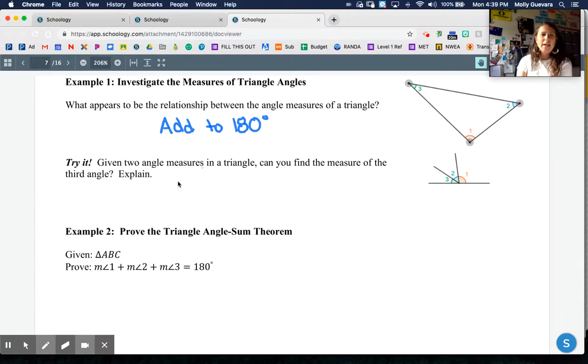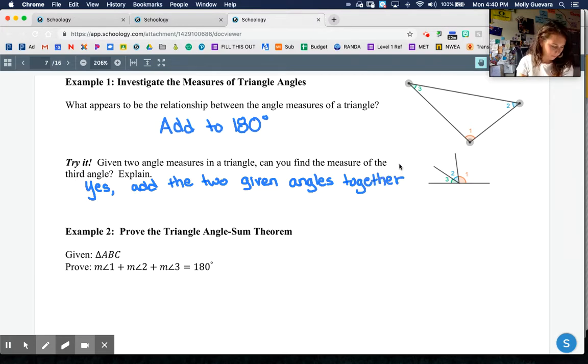Okay, so if I was given 2 of the angle measures in a triangle, could I find the third one? And hopefully the answer that immediately comes to mind is yes, right? You can add the 2 given angles together, and subtract from 180.